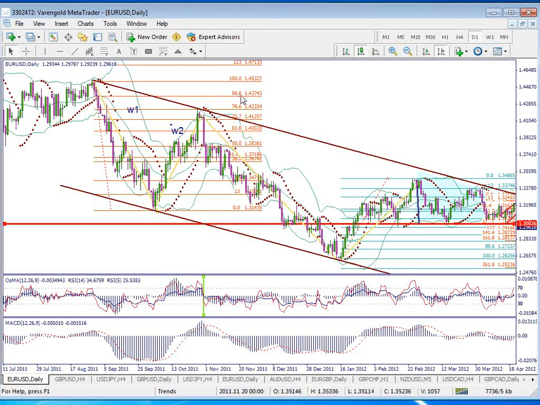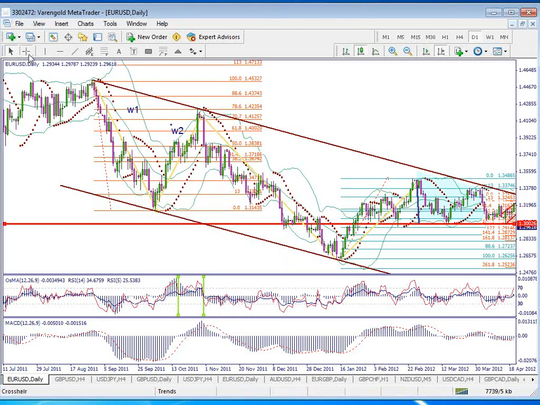So here, at those levels, 61, 70, 78, 88 levels of Fibonacci, I will expect that the pair will start a new wave. So I will look for a new signal. Here it was one first signal.